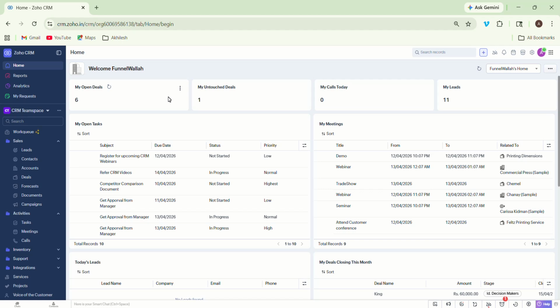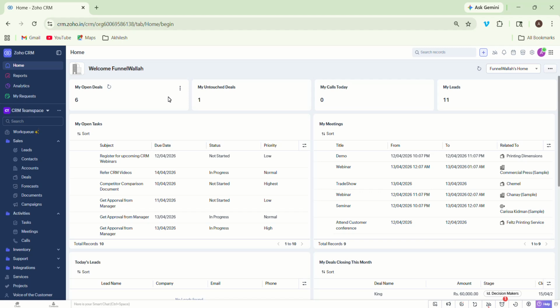You built a custom pipeline from scratch, one that reflects the real process with the stages and the probability of what it actually means. You created your first deal, moved it through the pipeline, understanding what each stage movement means for your forecast and your team's accountability. And you now understand the difference between a CRM that collects dust and the CRM that runs a business.